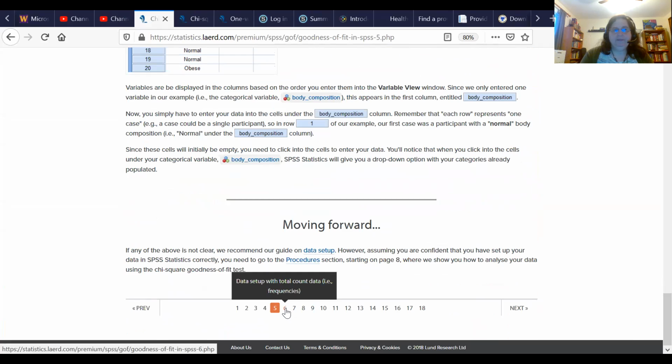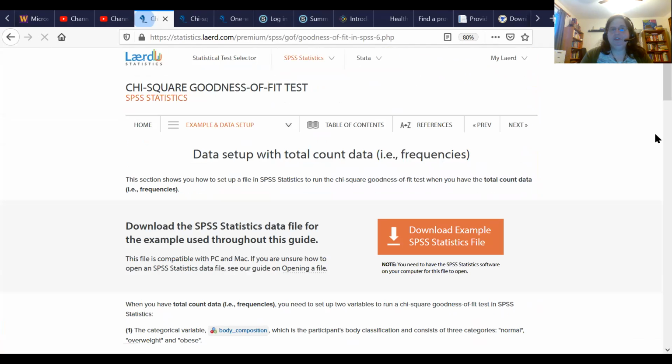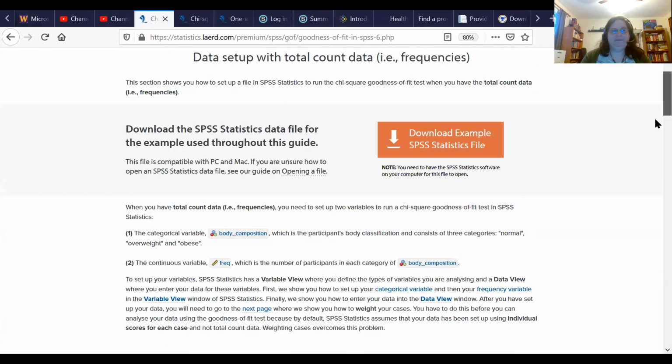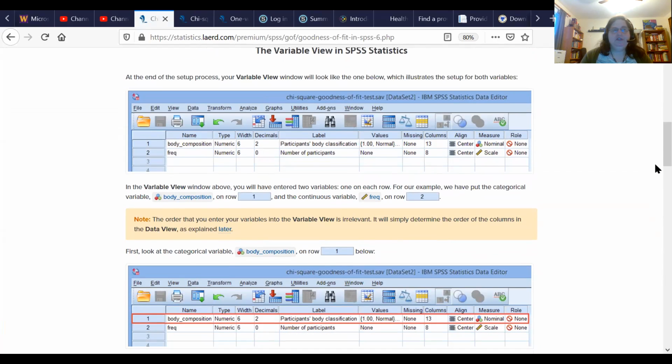Now, let's look at it with the frequency count data. So remember, this is if we do it the other way. We put in our body composition variable, with the 1, 2, 3. We put in our frequencies.